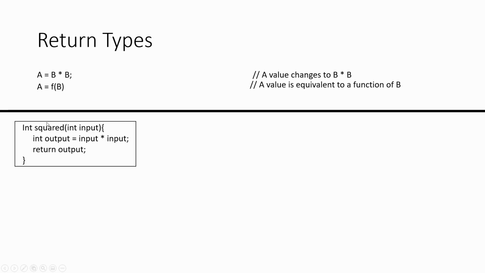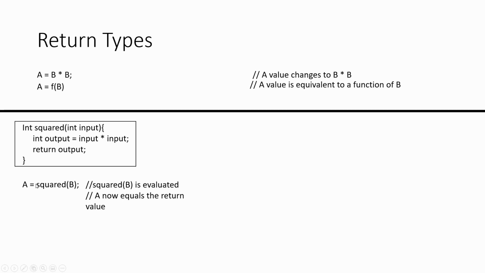In this particular instance, we're returning an integer, that is the square of whatever the input value is to this function. So now we can reimagine this a equals f of b as a equals squared of b, and squared meaning this function that we've built. Squared of b is evaluated. Remember, we start with our r value on the right-hand side of the equal sign.